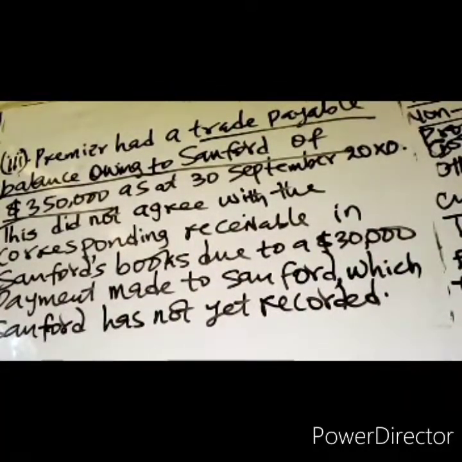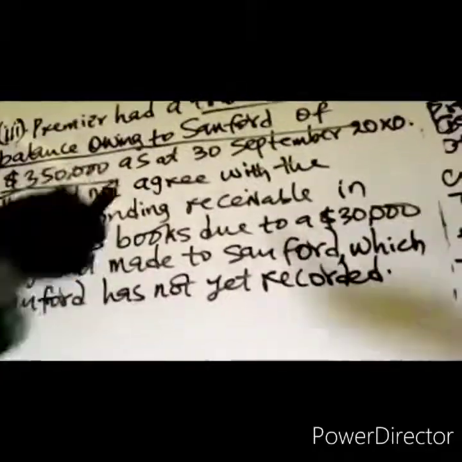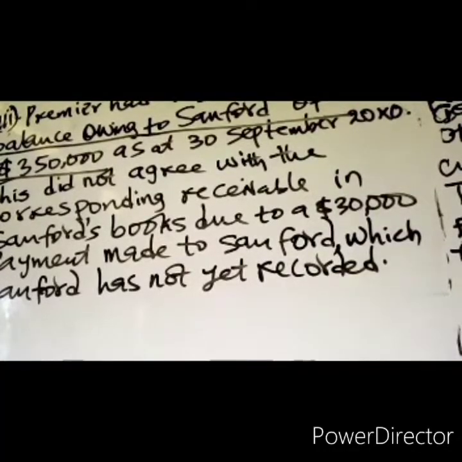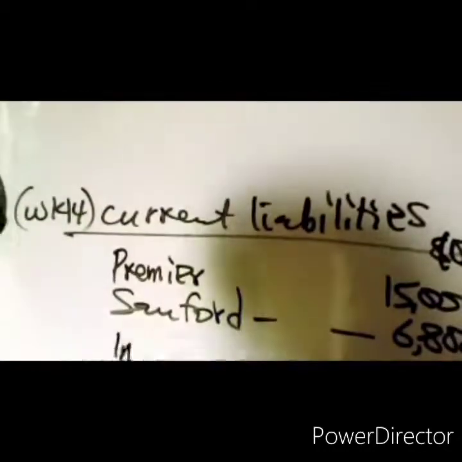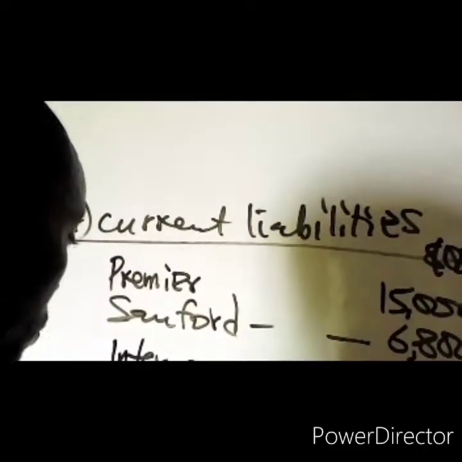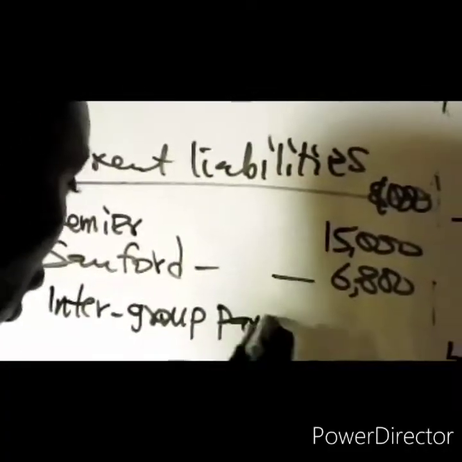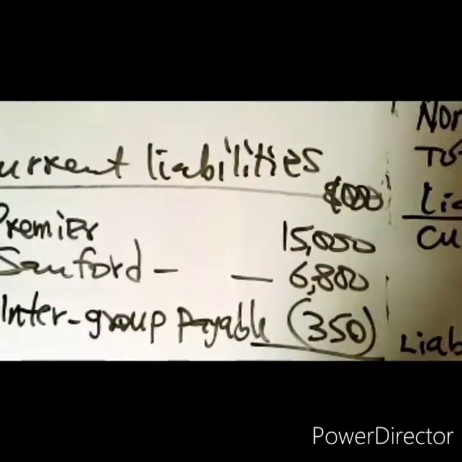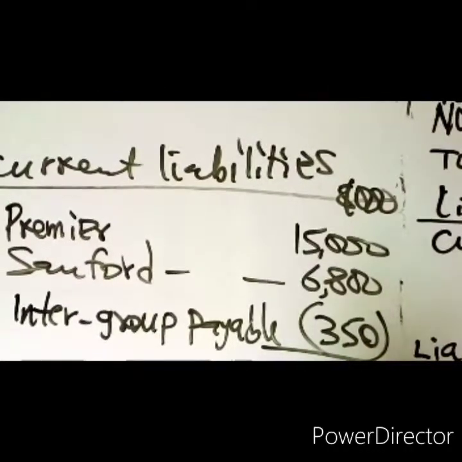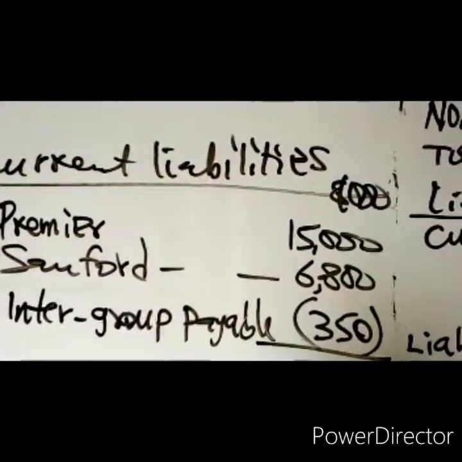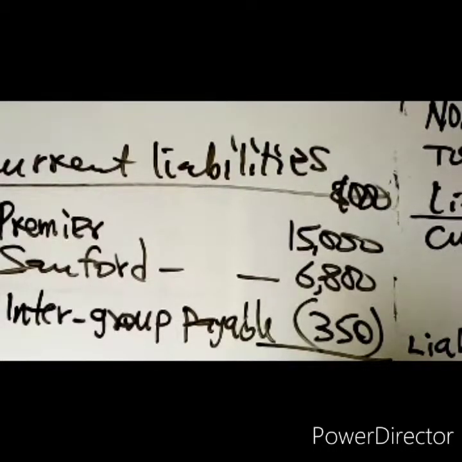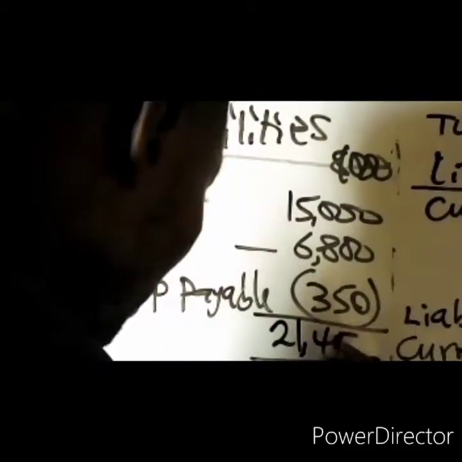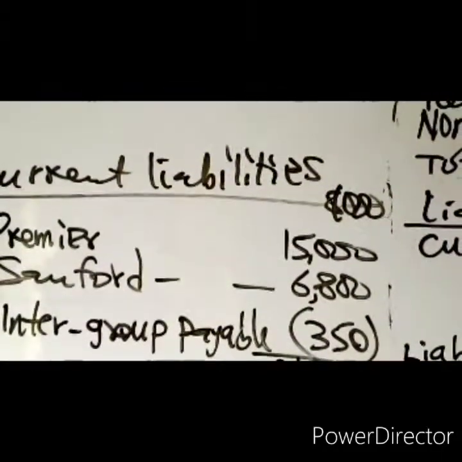Remember, trade payable is part of current liabilities. So that means since this $350,000 is an intergroup payable, you are going to eliminate that. So the current liability now will be 15,000 plus 6,800 minus 350, which is 21,450.